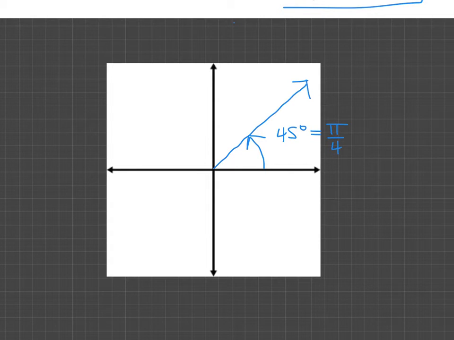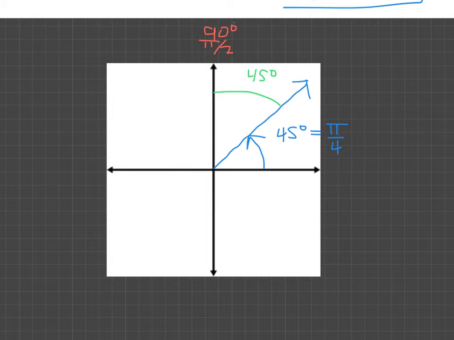And if we looked at just this angle here, this also would have that same measure, right? And then added together, we get 90 degrees, or pi over 2. All right, so every quadrant is made up of 2 angles of measure 45 degrees.